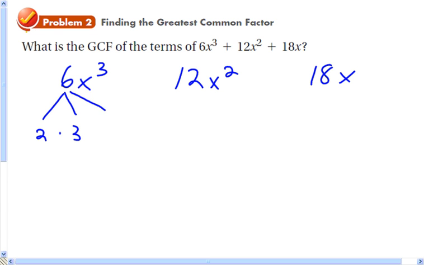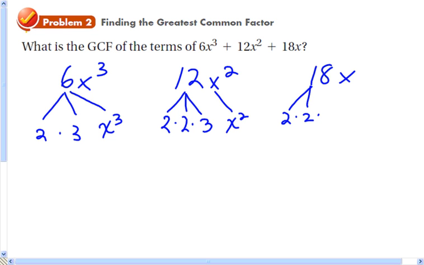Then x to the third, I'm just going to leave it as x to the third because I think we know that means x times x times x. And then 12, we'll break that down. That's 4 times 3, and 4 is 2 times 2, so 2 times 2 times 3, and then we have x squared, which is x times x. And then we have 18, well that's 2 times 9, and 9 is 3 times 3, so that's 2 times 3 times 3, and then times x.